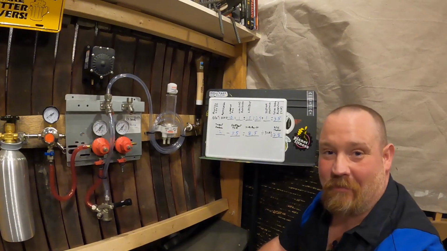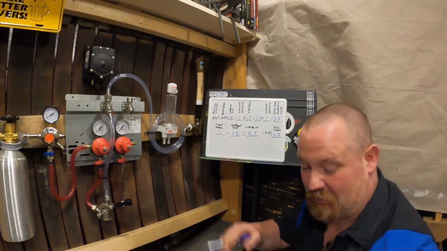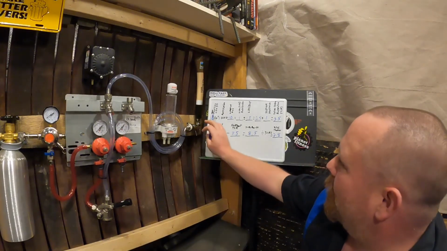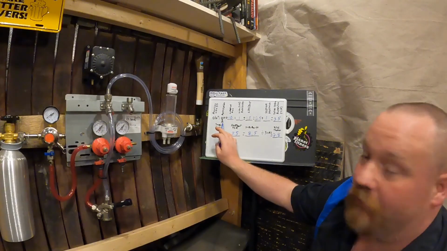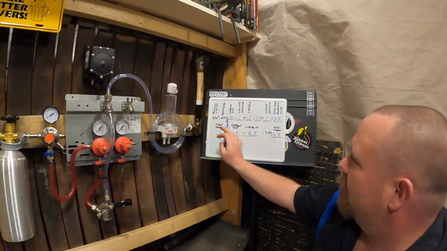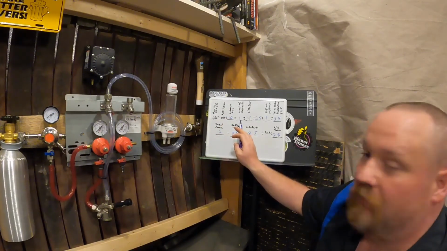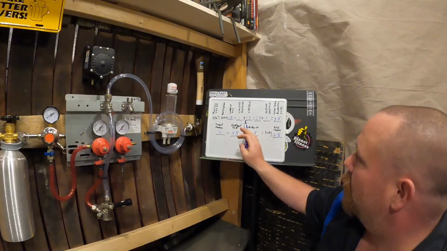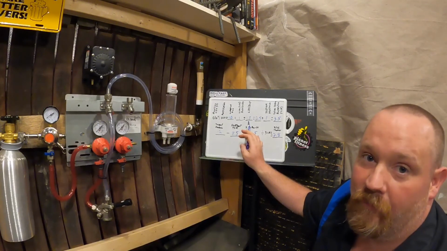I don't know if I explained that quite well enough, but we'll just recap. So we're going to use 5/16 line. It has a restriction of 0.10 times the length of the run, 10 feet, equals 1 pound. Plus or minus on lift and drop, we've got a total lift of 3 feet.